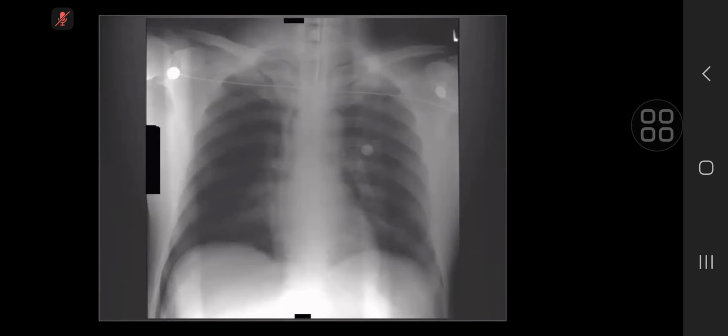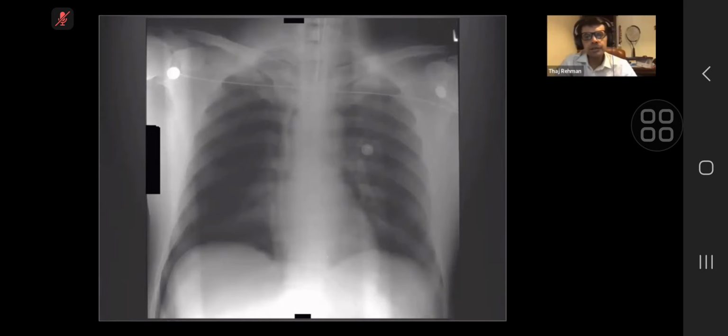It's quite long, linear, and going all the way down. It's actually a difference in transradiancy of the thorax, not just the lungs. One of the differentials is a pneumothorax.